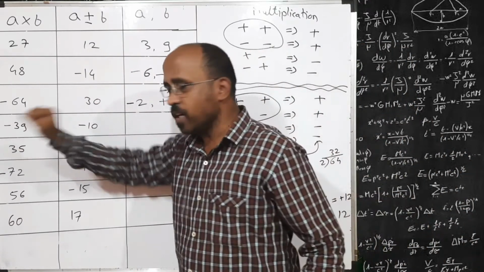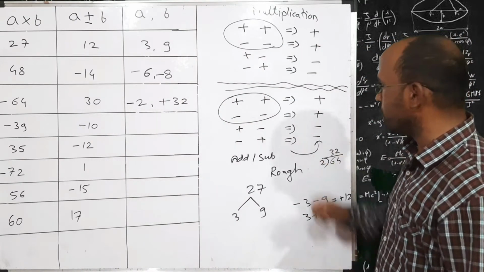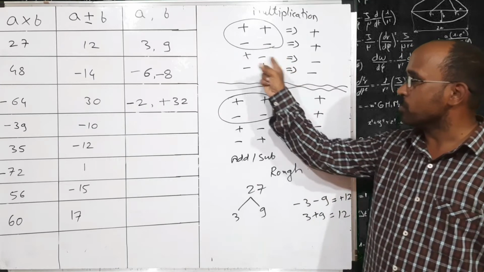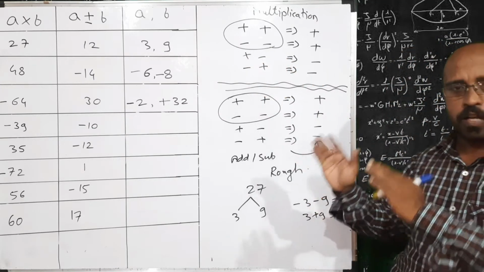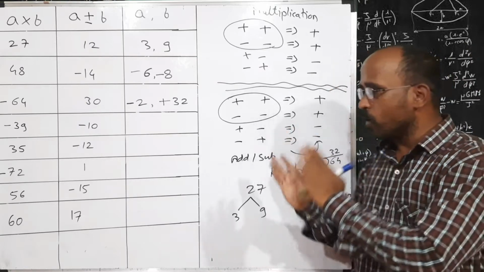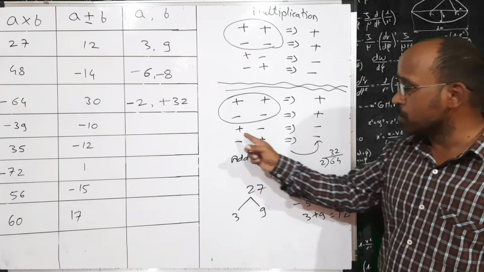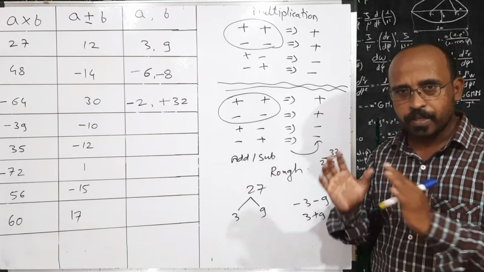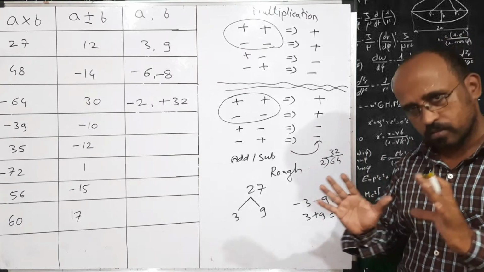Minus 39, multiplication is negative. So when multiplication is negative, the symbols of the two integers are different, so one factor will have positive symbol, one factor will have negative symbol. Okay, if symbols of integers are different, what do we have to do? Addition or subtraction? Subtraction.